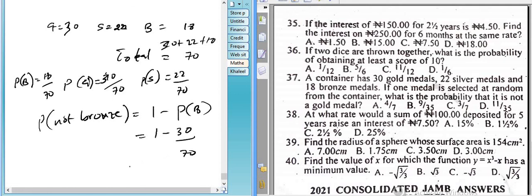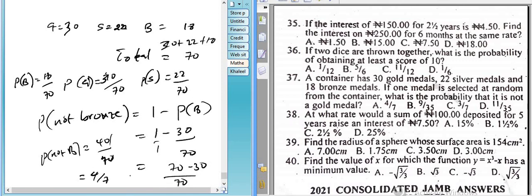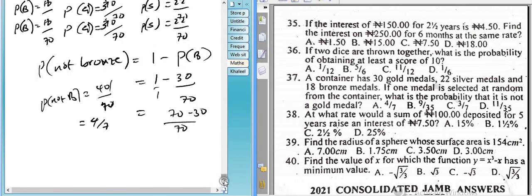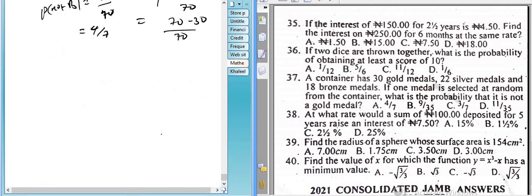The number not bronze is 30, so we can say 30 over 70, which is 1 minus 18 over 70, that is 70 minus 30, which is equal to 40 over 70. Then the probability of not bronze is equal to 40 over 70, which is equal to 4 over 7. So the correct answer is 4/7, option A.